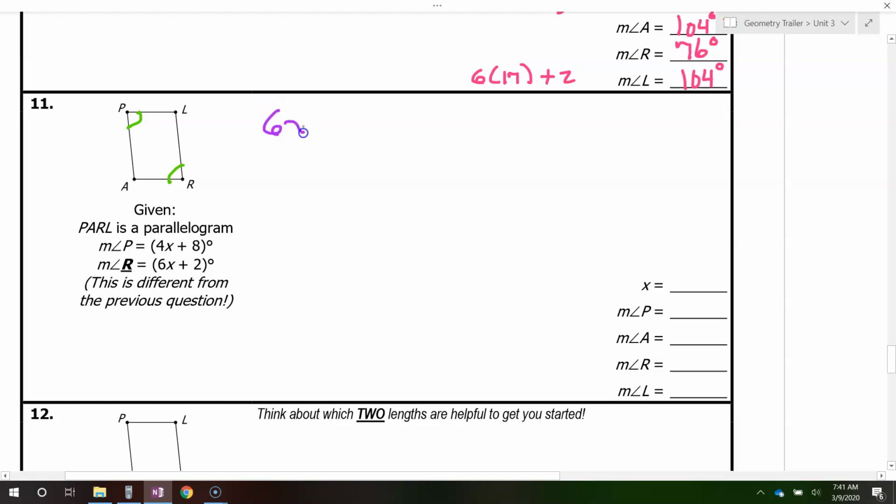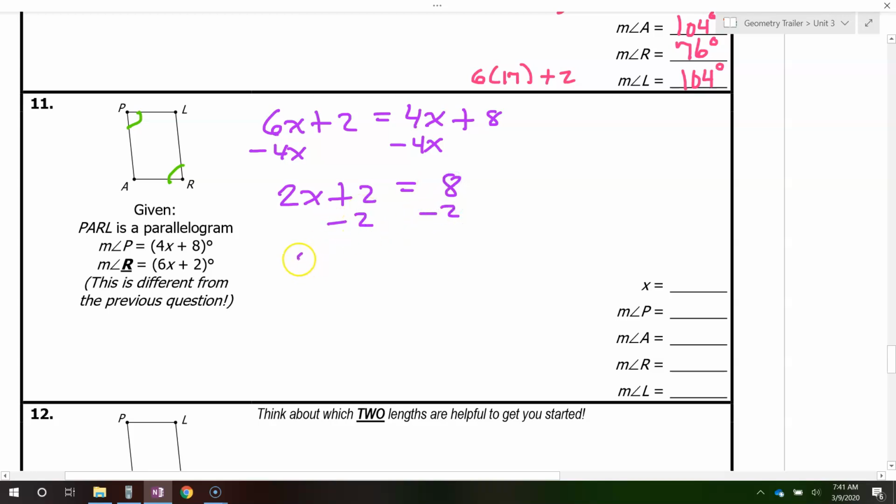So 6x plus 2 should equal 4x plus 8. So subtracting 4x from both sides will leave us with 2x plus 2 is equal to 8. Subtract the 2, you get 2x is equal to 6. Divide by 2, you get x is equal to 3.